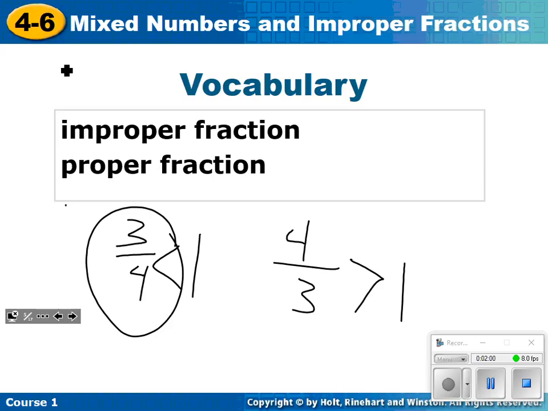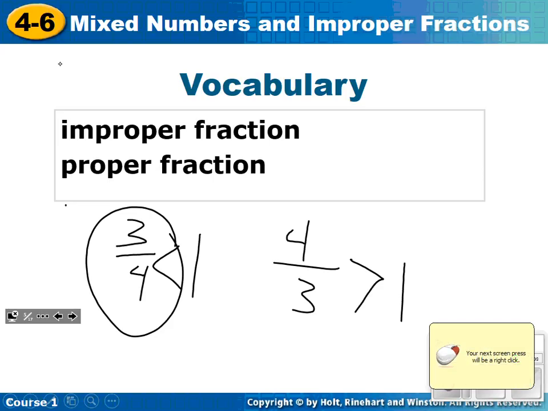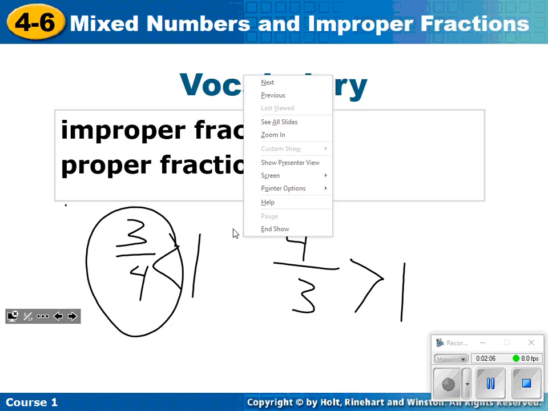It's more than 1. Fractions mean part of one, part of a whole. That's why it's called an improper fraction when you have a fraction that is more than a whole, or more than 1. That's why it's called improper.